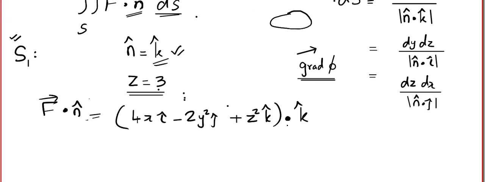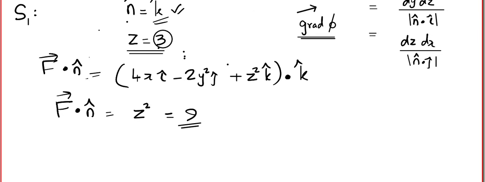You know i and k are perpendicular, so the dot product will be 0. j and k are perpendicular, the dot product will be 0. And k and k share the same direction, so the dot product will be 1. So we will be left only with z square. Okay, but what is z? So that will be equal to 9.